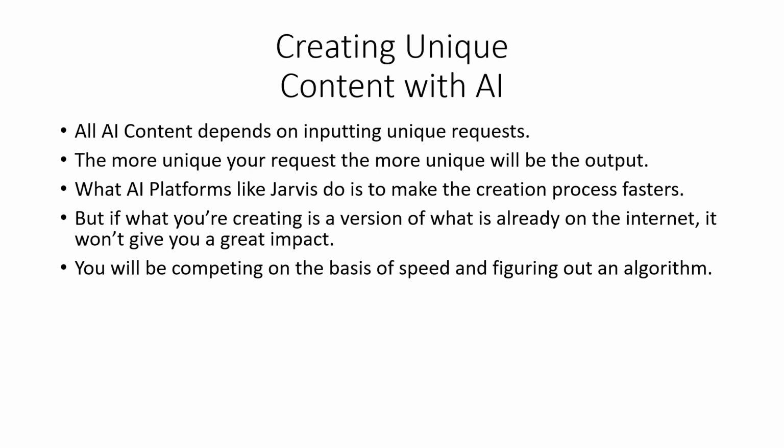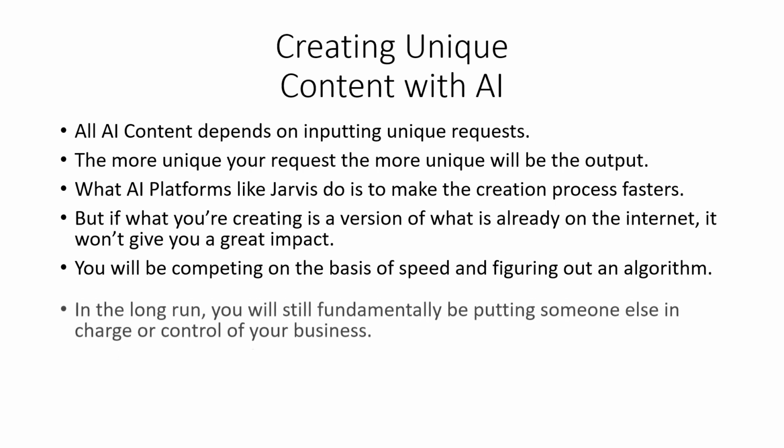When you're creating content on Facebook ads, the AI is going to go out on the internet, scour it, and use its artificial intelligence to put something together that's going to be unique. But because that knowledge and domain is already out there, what you're basically doing is trying to compete on getting your content out there and figuring out the algorithm. And that's not necessarily the best use of your AI content.